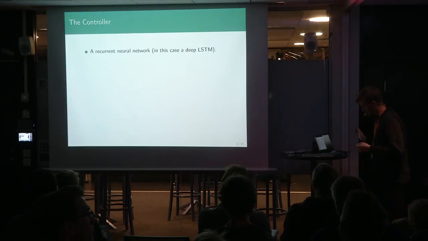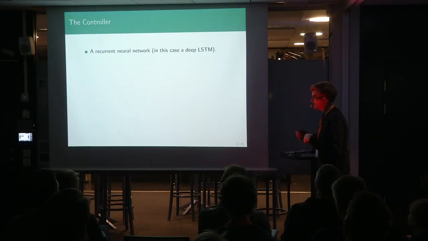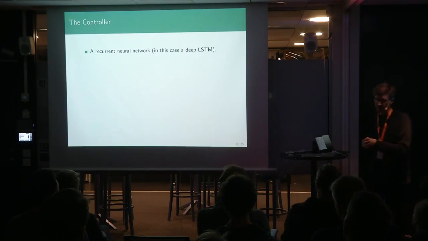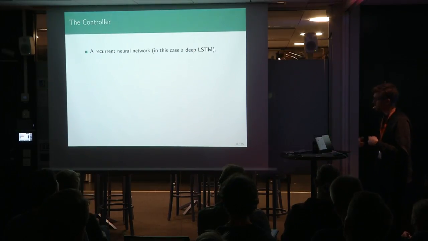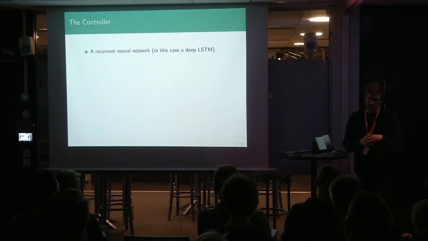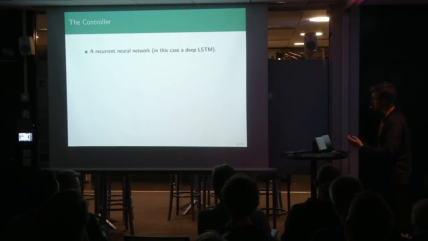So first the controller, which can be any type of network. In this case, it's a deep LSTM network. For the neural Turing machine, they also experimented with a feed-forward network. It works well for some tasks, and it's faster to train, but LSTM is better.